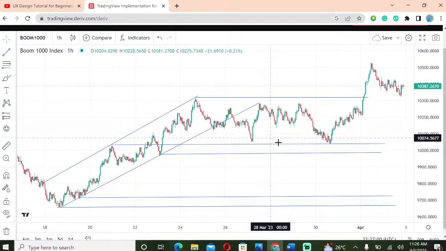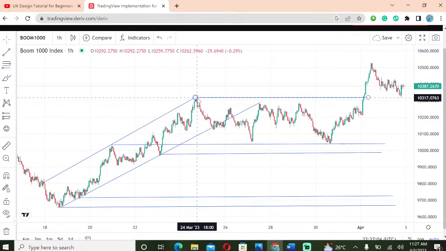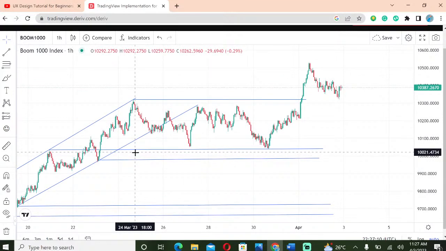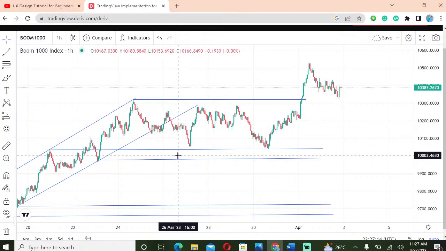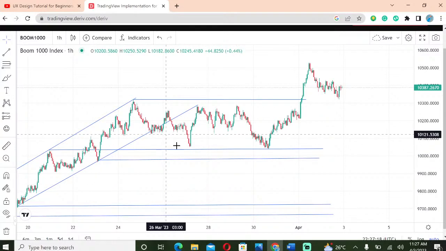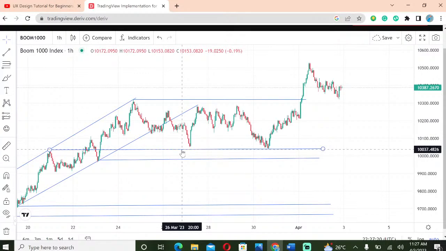So we identify this one, which is the line that we draw here, and we identify this particular zone, and we identify this particular zone. So you know that if this trade is coming on a downtrend to reach this particular zone, it is likely to spike at this level.